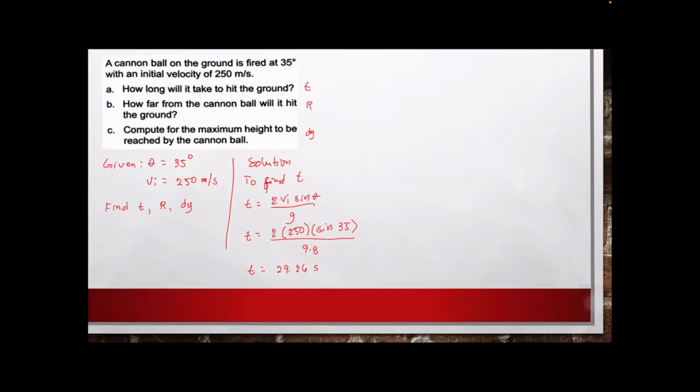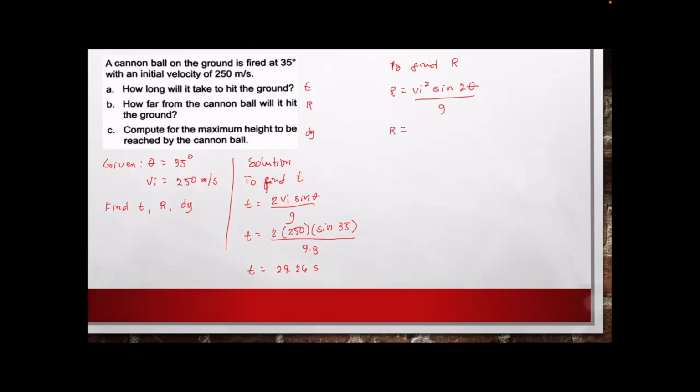Okay, so next, we already have the time. Let's go with the range. To find R, your R is equal to Vi squared sine 2 theta over g.